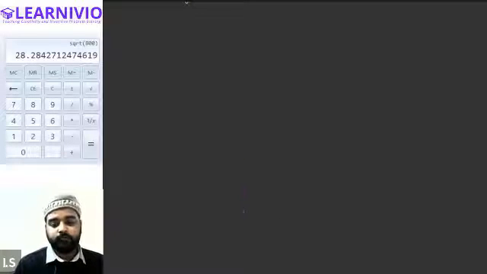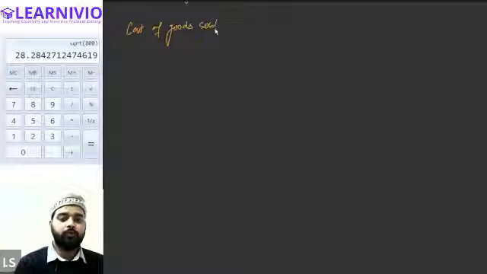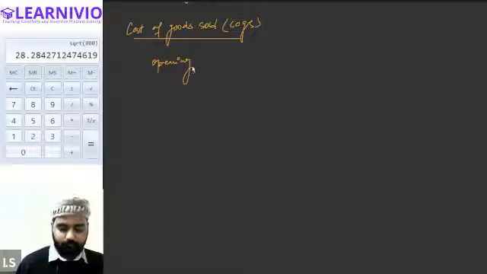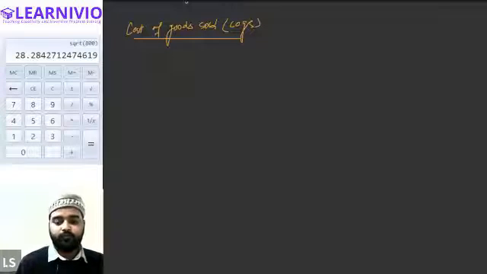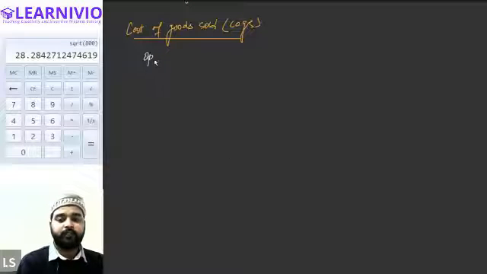So please pay attention and understand how we calculate cost of goods sold. What is the formula? Cost of goods sold, also written as COGS, is calculated as opening stock, if given in the question. If it is not given, you will consider it as 0.